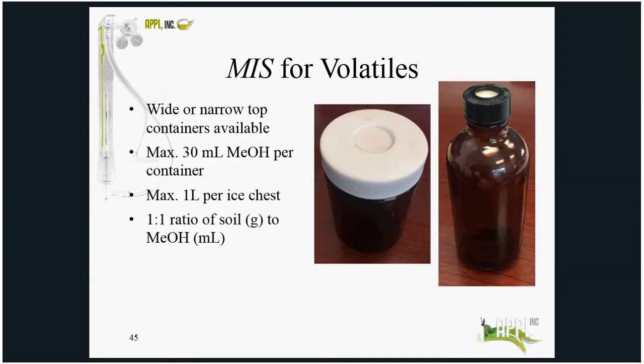We typically have our samples transported by air, and you can have a maximum of 30 milliliters of methanol per container for air transportation, and a maximum of 1 liter per ice chest or outer container. And the ratio that you use for volatiles is a 1-to-1 ratio of soil to methanol. I'm afraid I don't know what the ground transportation rules are, but those are for air.